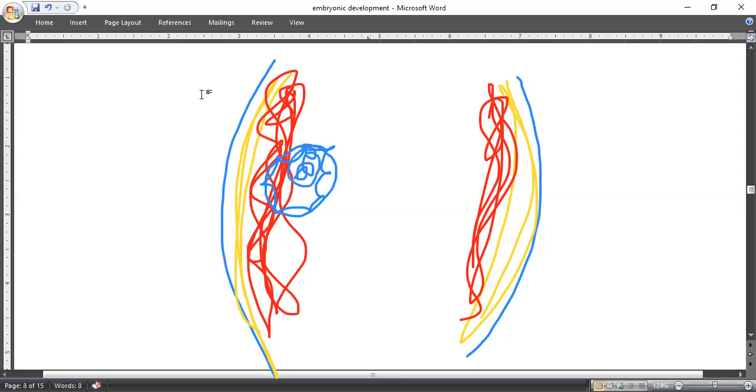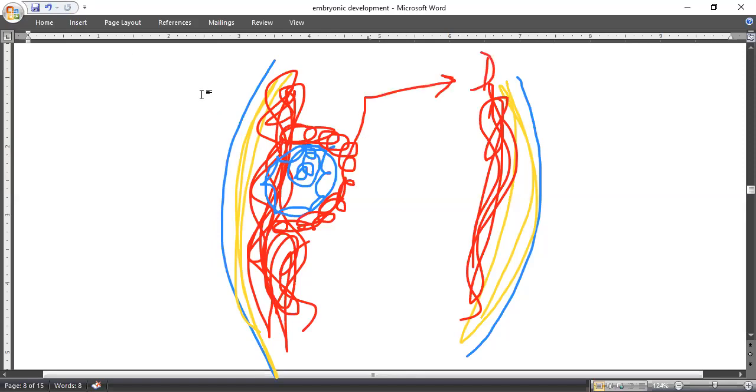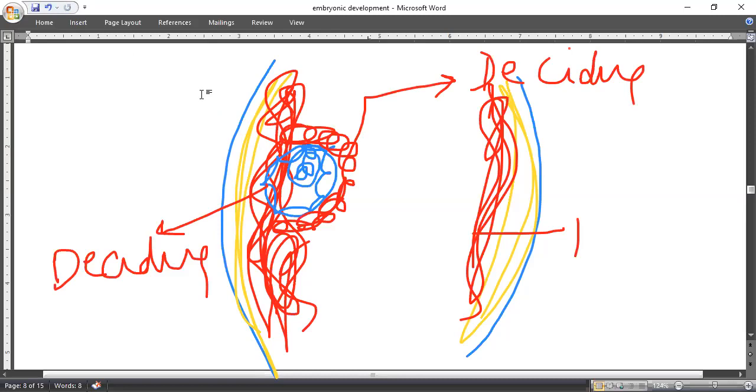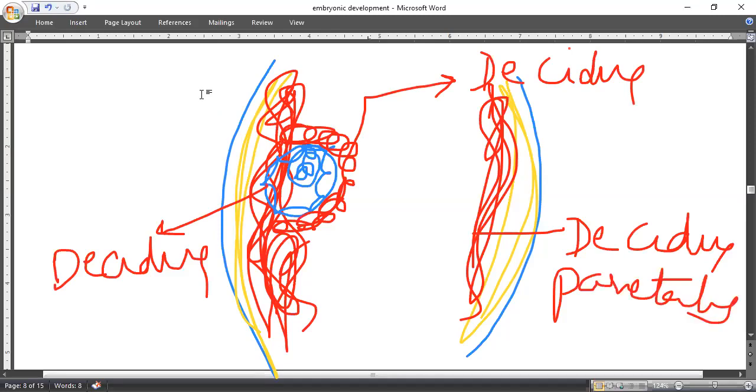After the implantation, the endometrium layer is called decidua. We name the decidua basalis, decidua capsularis, and decidua parietalis. Other than the site of implantation, the endometrium layer is termed decidua parietalis.